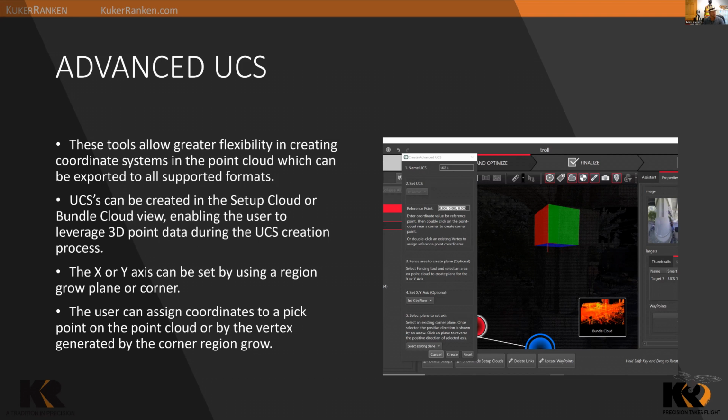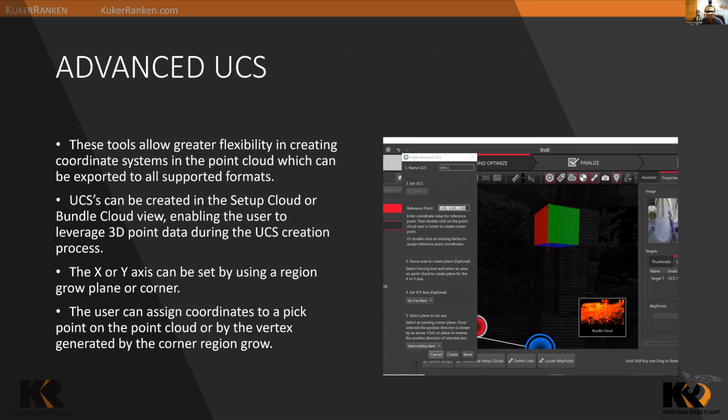He carries around a plywood box and sets it on that. In Cyclone Core you could do a region grow, region grow, and region grow, and it would create a point at the vertex. Then he would add the northing, easting and elevation to that and use it as control. That is something you are now able to do in Register 360, which is awesome.